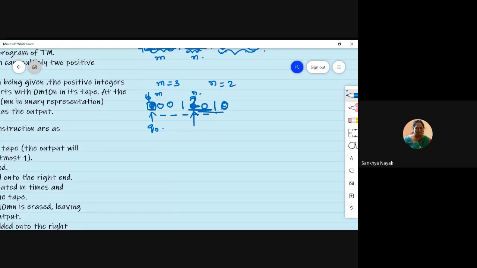Okay. Then again I come back, and this 0 I'm going to make it as 2, and again come back and copy it. Okay. Once I copy it, I'm going to move all the way here, again make this blank. Okay. And when I'm moving backwards, these 2's are again converted into zeros. Okay. I'll repeat again.